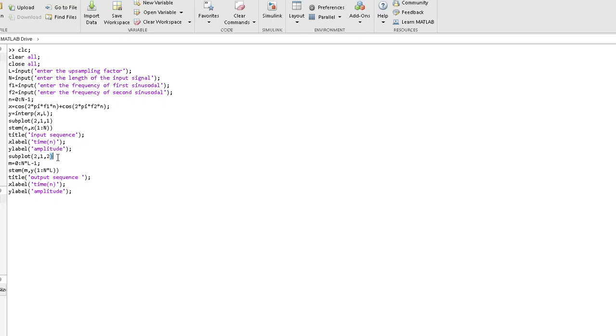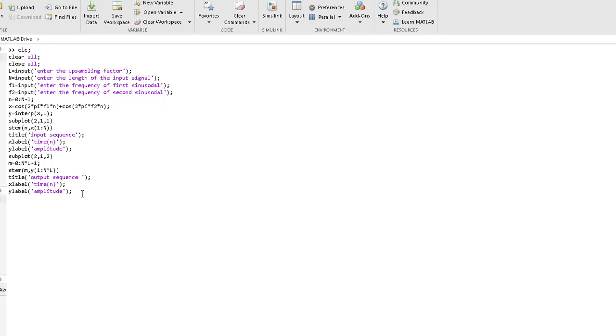For the second graph, subplot 212, then m is equal to 0, then n will be multiplied by L, the upsampling factor, minus 1. The title of that second graph will be output sequence. The x-axis label will be time as usual, and the y-axis label is amplitude.